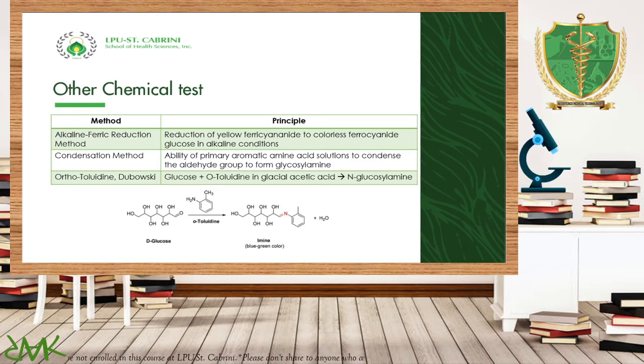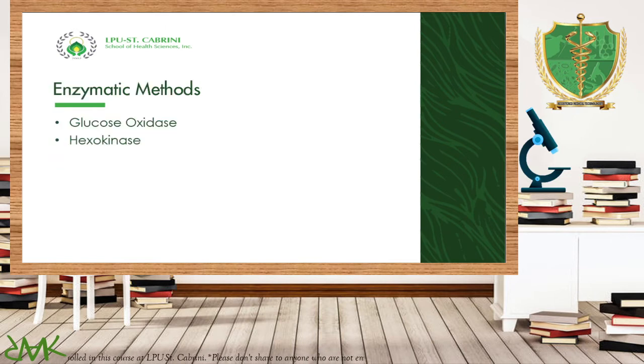Okay, and like what I've said, our glucose determination is divided into two categories. We have the chemical methods and we have the enzymatic methods.